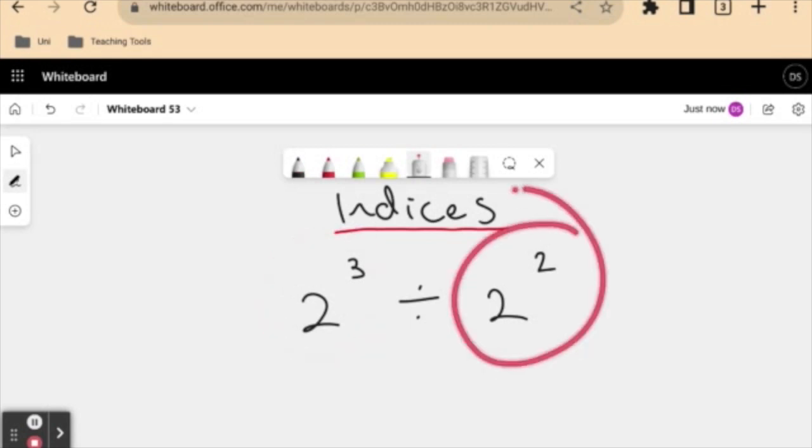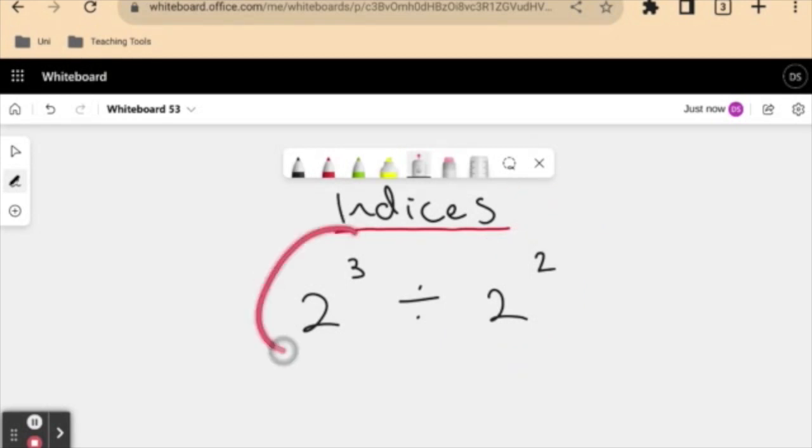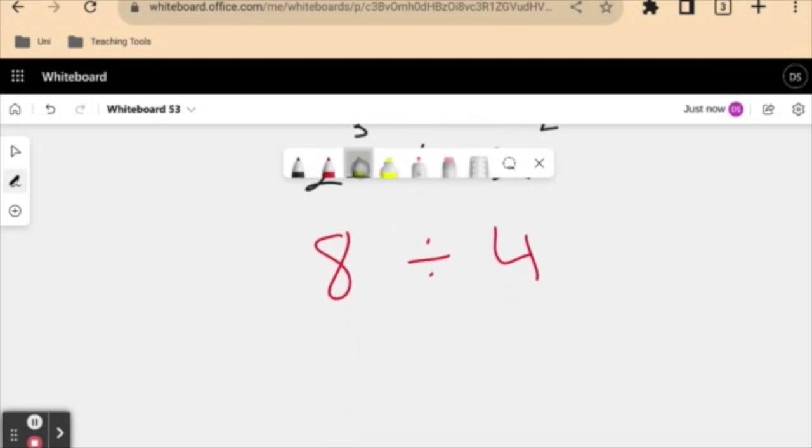This is like writing 2 times 2. So 2 multiplied by 2 gives us 4. Multiplied by another 2 gives us 8. So we have 8 here divided by 4. Obviously, this isn't too crazy of a division. We will just get this equaling 2.